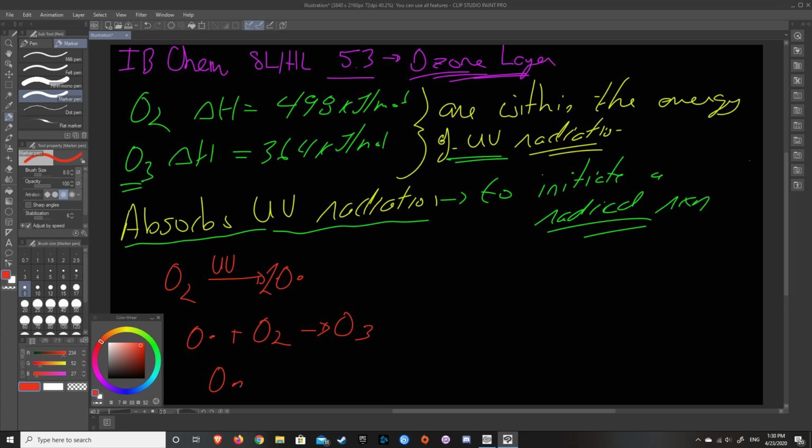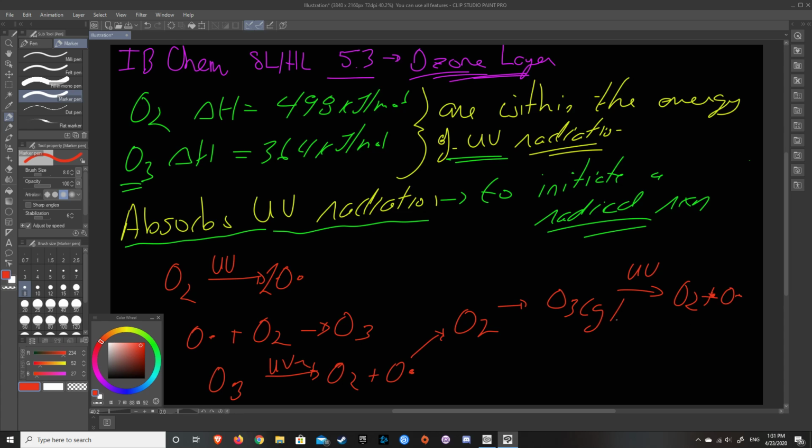But then this O3 decomposes under UV light to form O2 and an oxygen radical. This oxygen radical can move over, attack another O2, and form an O3, and then this O3 decomposes under UV light to form O2 and an oxygen radical. So this is why we call it the ozone cycle. It works in one way to absorb energy, and it absorbs energy in the other way to convert back to its original product.